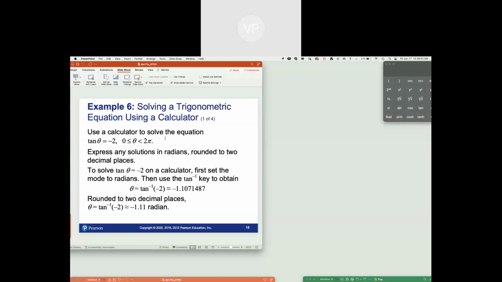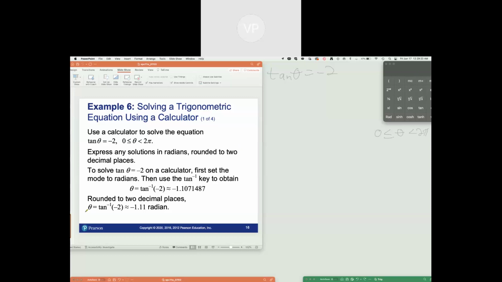All right, now they have the calculator problem. We have the tangent of theta equals -2. And once again, we want our answers greater than or equal to 0, but less than 2 pi.